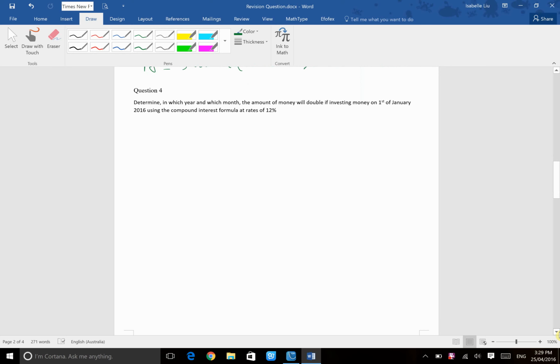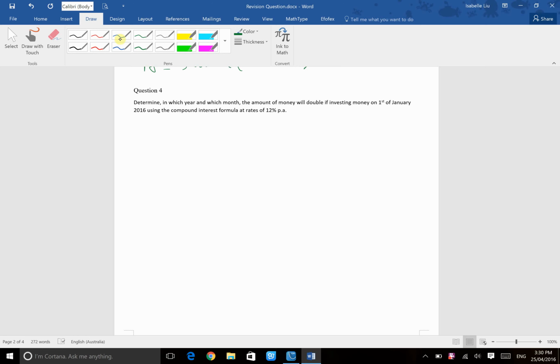Let's have a look at question 4. Determine in which year and which month the amount of money will double if investing money on 1st of January 2016 using the compound interest formula at a rate of 12% per year.